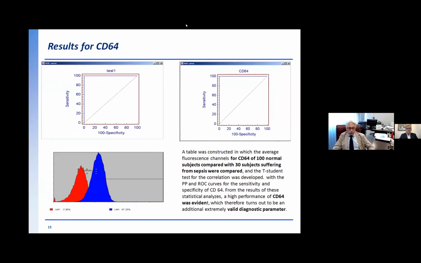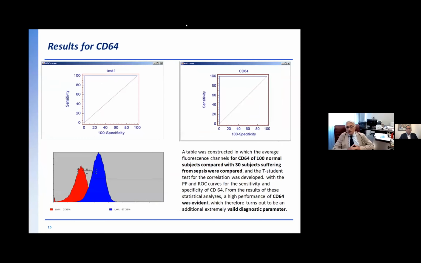These are the results deriving from studies on positional parameters and CD64 on 100 normal subjects compared with 30 subjects suffering from sepsis.